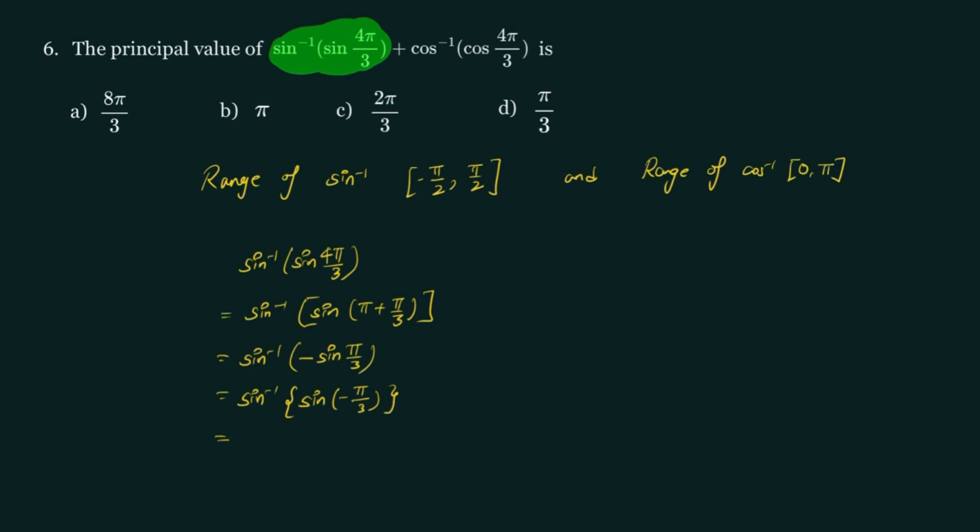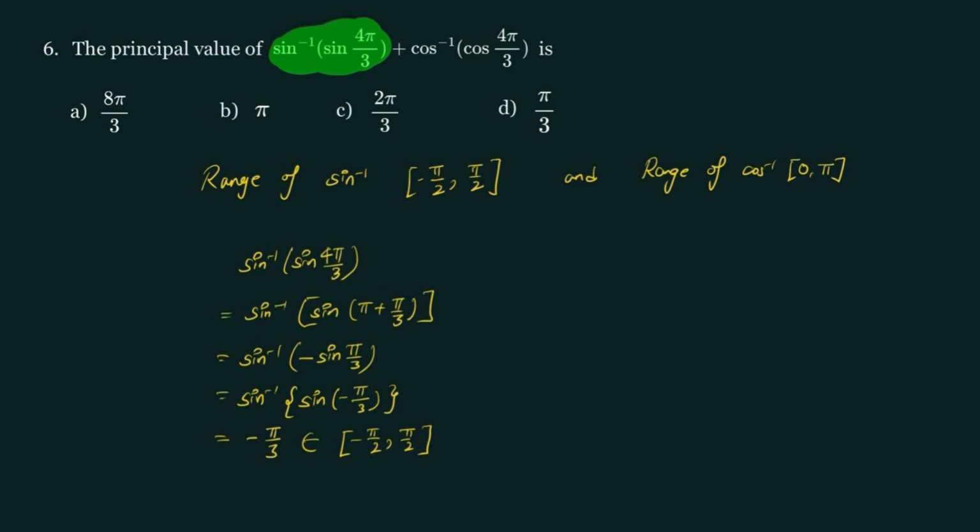Now sine inverse of sine theta is theta, that means we can write this as minus pi by 3, and minus pi by 3 belongs to its principal value range, that is minus pi by 2 to plus pi by 2. So the value of this first term is minus pi by 3.